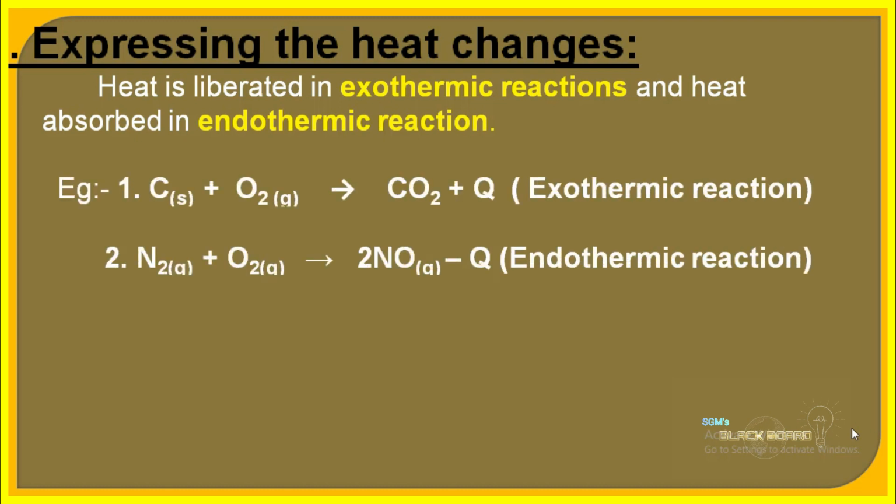For example, when carbon burns in air, reacting with oxygen, it gives carbon dioxide, and heat is liberated. So it is an exothermic reaction. And when nitrogen reacts with oxygen, it gives nitric oxide, NO. Here heat is absorbed.